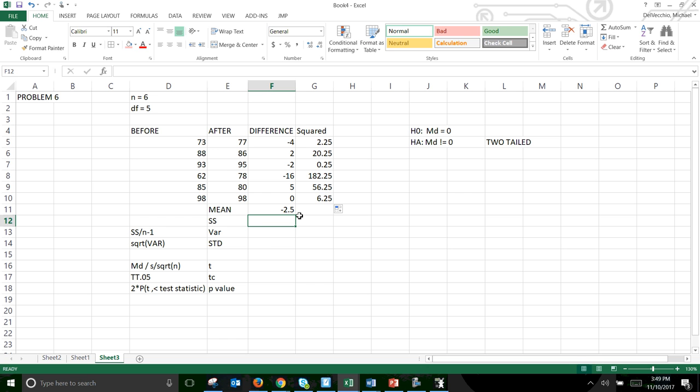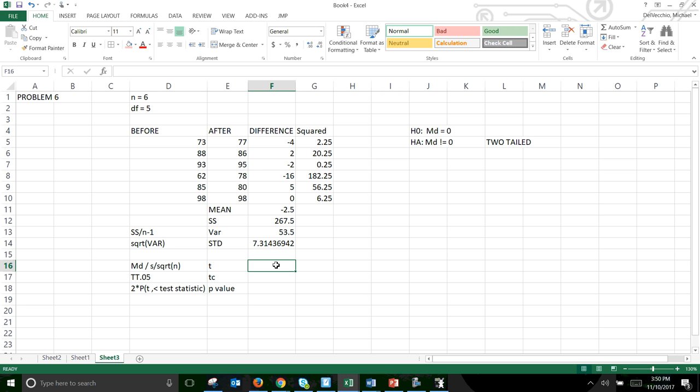So the sum of squares is going to equal the sum of all these differences squared. Okay, and then I can calculate my variance by taking that sum of squares and dividing by n minus 1, which is 5. And I can find my standard deviation by taking the square root of my variance. So I got 7.3 standard deviation.